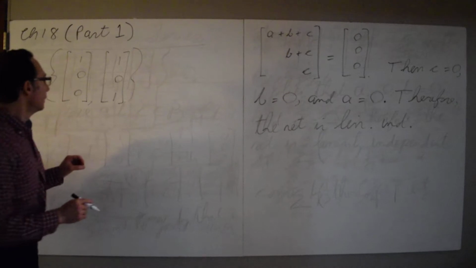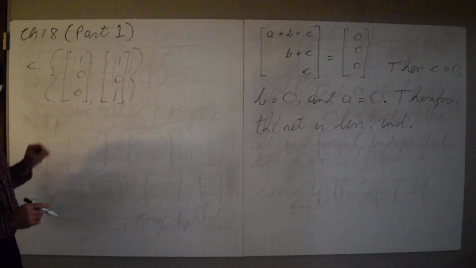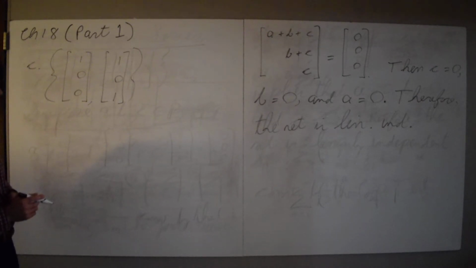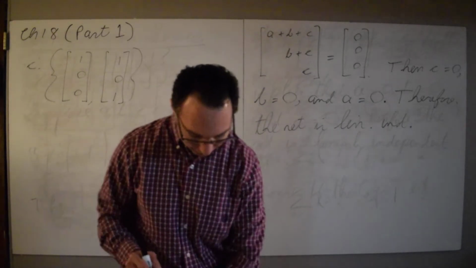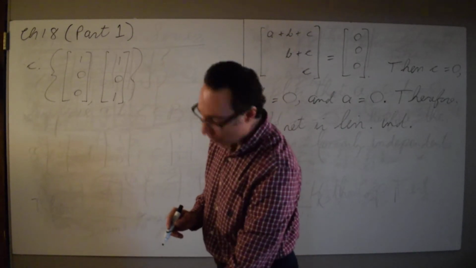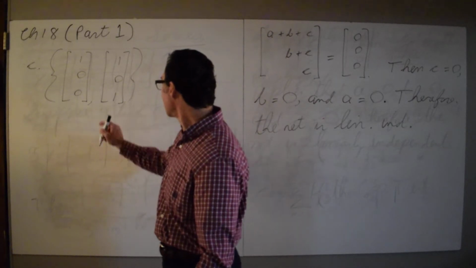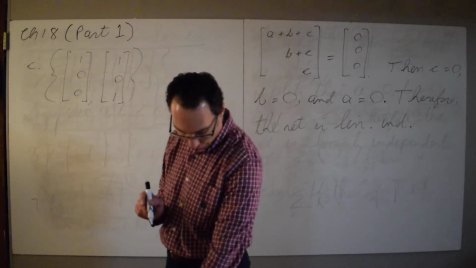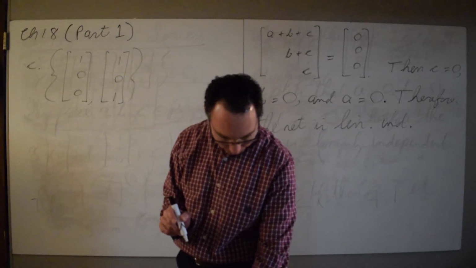Notice that the set that contains just this vector alone is linearly independent. And so by corollary 191, we only need to check to see if one of these vectors is a linear combination of the other, which is not the case.